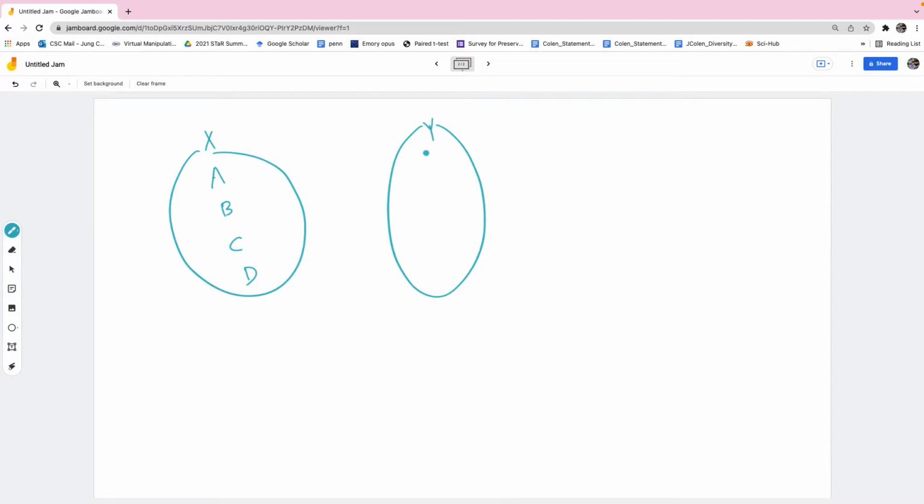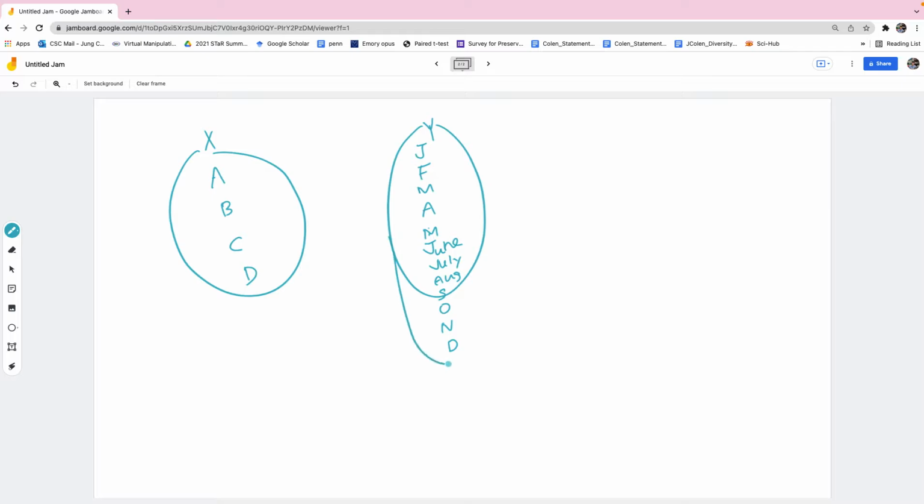So let's say birthday month. So we have January, February, March, April, May, and so on. Let's actually write more. June and July, August, September, October, November, December.